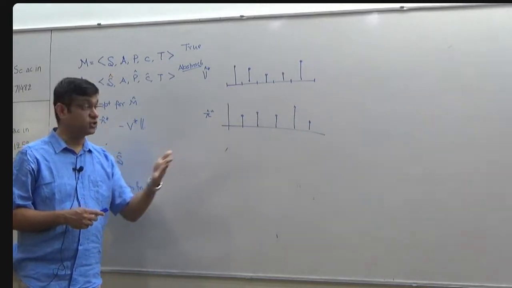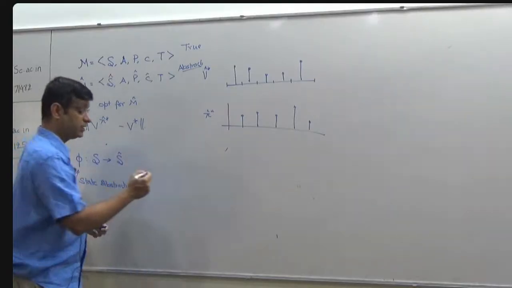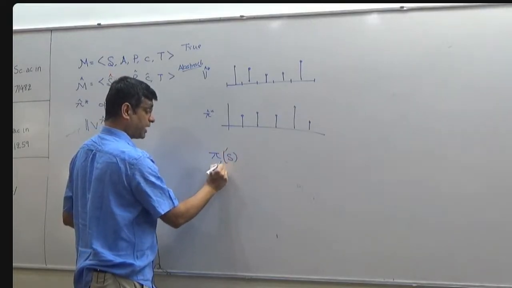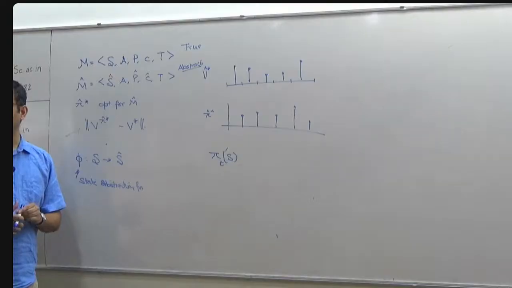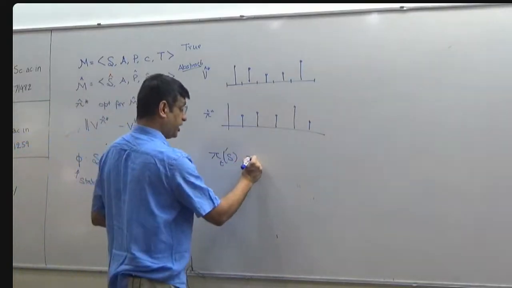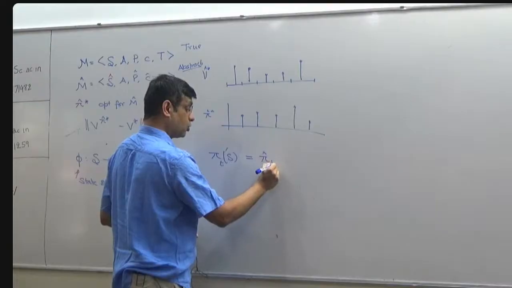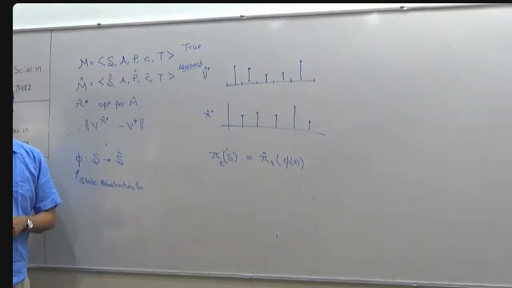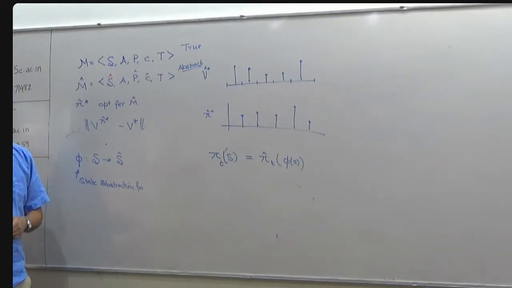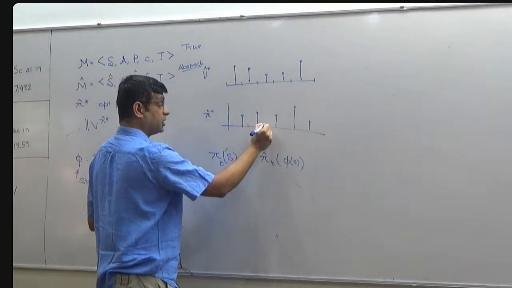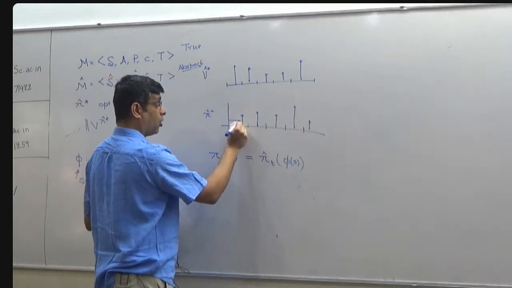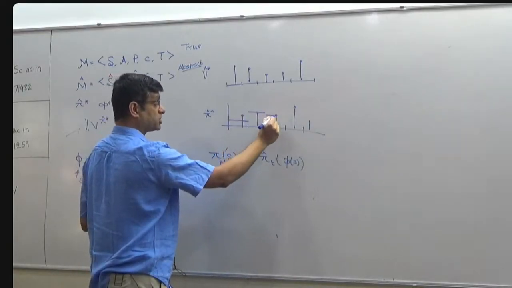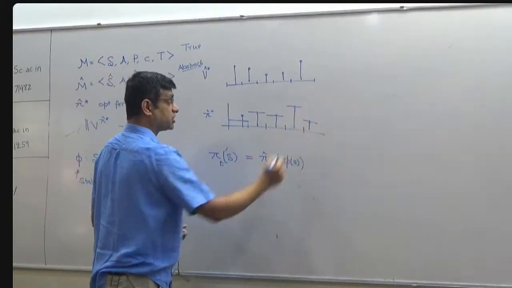I need a way to construct a policy in the original space, and the simplest way to do that is this: if I have to choose what to do at state S at some time t, I quantize this state and choose the action prescribed by the quantized state. What that means is that all points in this grid set will take this action, all points here will take this action, and so on.